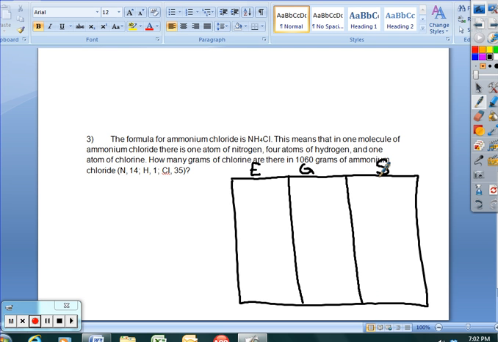Now, in this one, we have 3 different elements. We have nitrogen, hydrogen, and chlorine. And all 3 of those add up to a total to give us a solution of ammonium chloride. Now, in ammonium chloride, there's only 1 nitrogen atom, and each nitrogen atom has a mass in grams of 14.